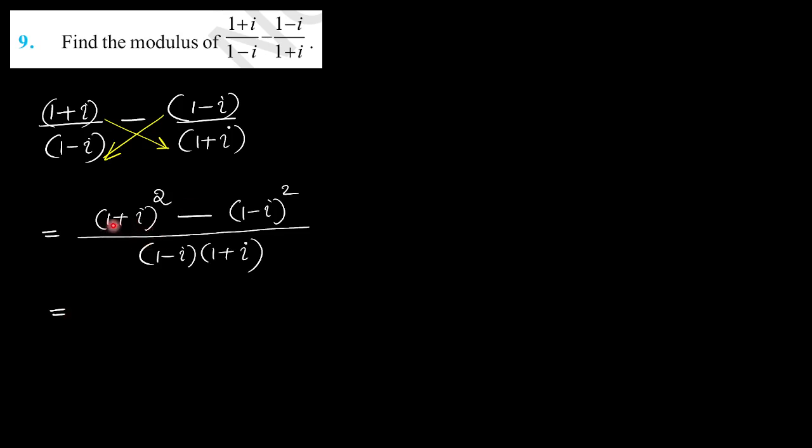Now let me simplify this. We know the expansion of (a plus b) whole square: a square plus 2ab plus b square. I don't want to explain these simple calculations. (1 minus i) whole square is in the (a minus b) whole square form: a square minus 2ab plus b square.